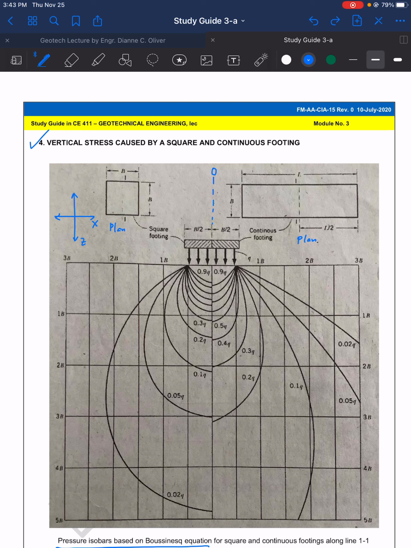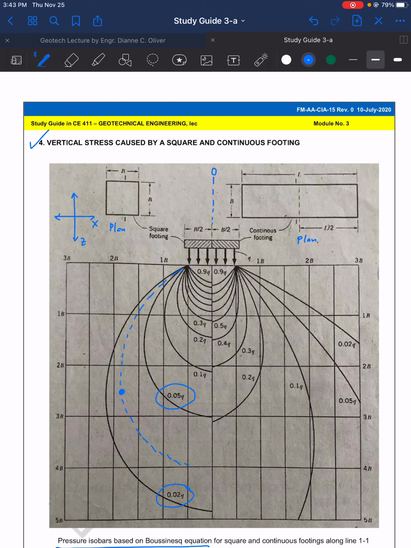While if the point falls somewhere here, we need to estimate what corresponding formula it gets. For example, in this point here, its range is within 0.05 Q and 0.02 Q. So we need to estimate what is the formula at that point.